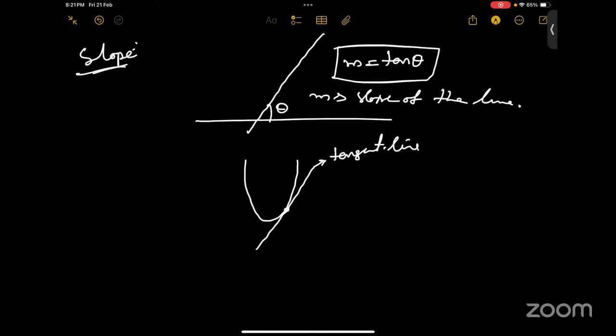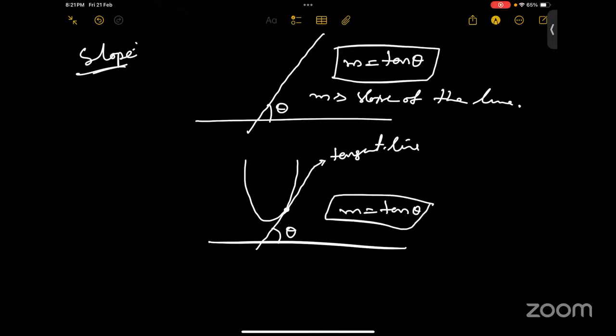Now we know how to calculate the slope of a line. So we had a curve at the beginning, then we arrived at a tangent line, a line basically. Similar concept, the theta, and m is equal to tan theta. So this is the slope of the tangent line at the point, and this m is nothing but the slope of the curve itself at the point.